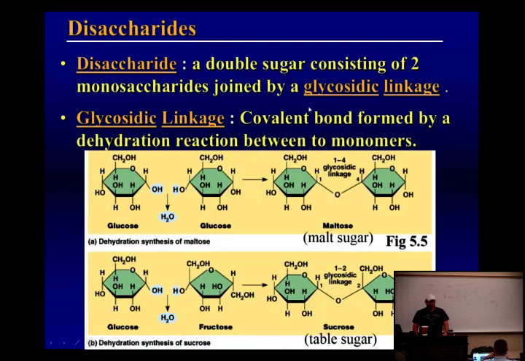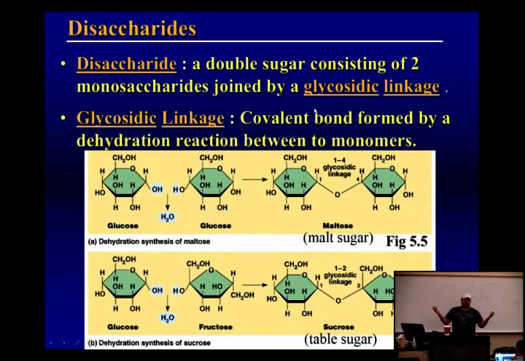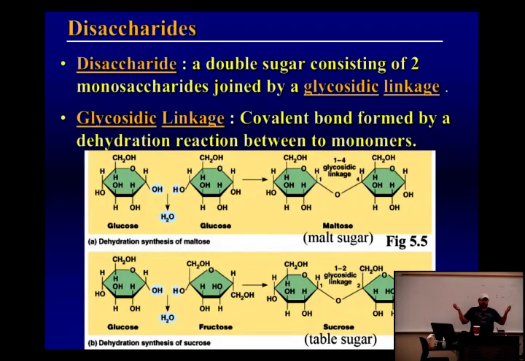All right. Remember the linkages. So on the test, I'm going to ask you stuff like, what kind of linkage makes up amylose? Well, yeah, it's a glycosidic linkage, but remember, you need to know, is it alpha 1,4, 1,2, 1,6, beta? It's alpha 1,4.